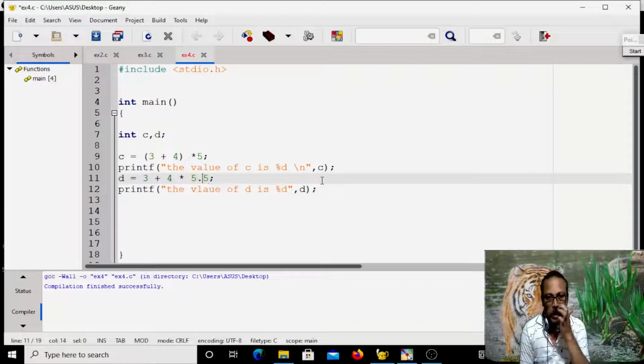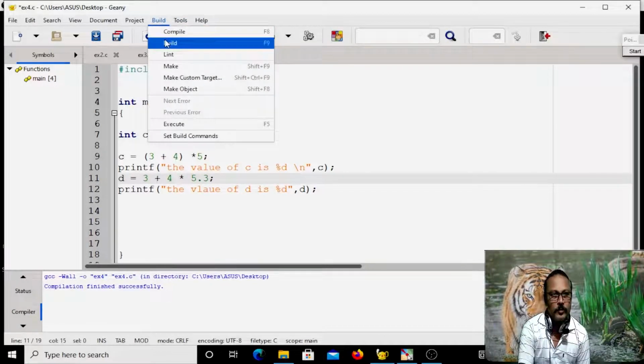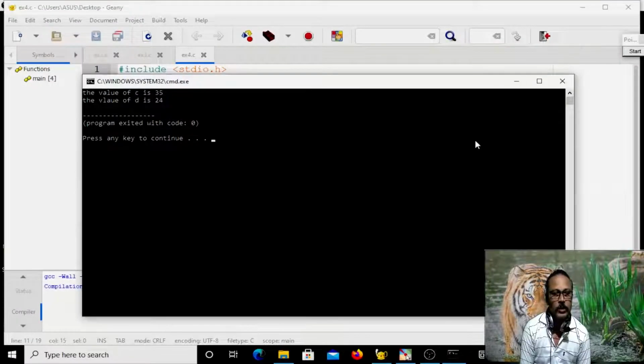Now suppose I make it 5.3. Let me check. So it is 24. Is it 24 exactly?